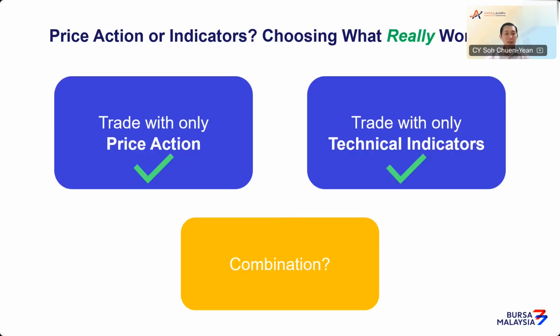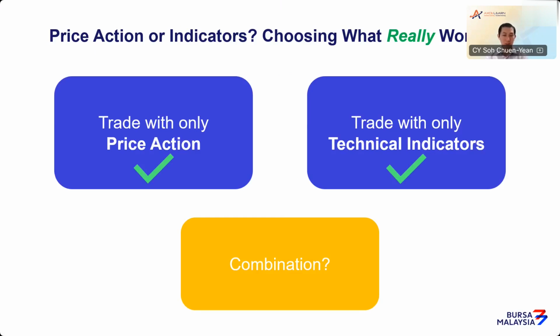Of course, you need to choose what actually really works. In trading, if you only use price action to trade, yes, there are people who make money from it, only price action. Why? Because they really master price action. Are there people who trade only with technical indicators and make money? Yes, we do have this group of traders as well. They only use indicators and they do make money. Why? Because they do a lot of back testing with their indicators.